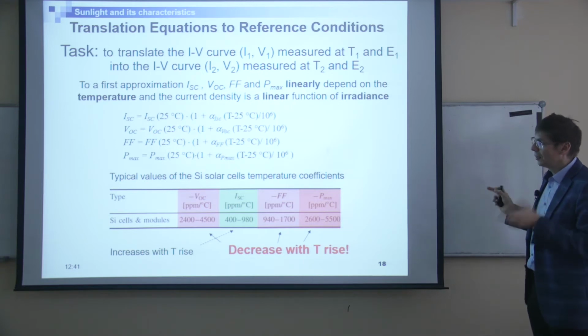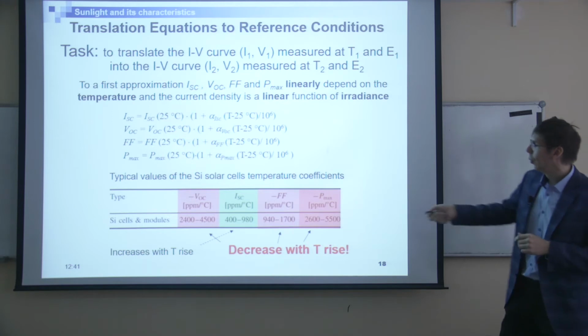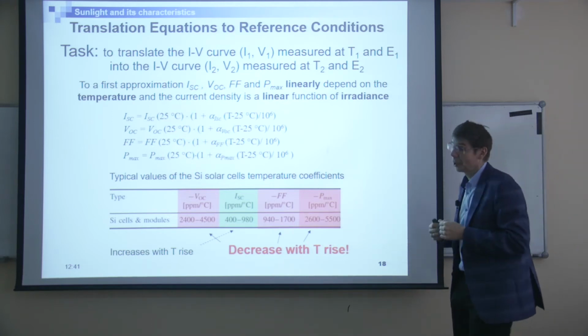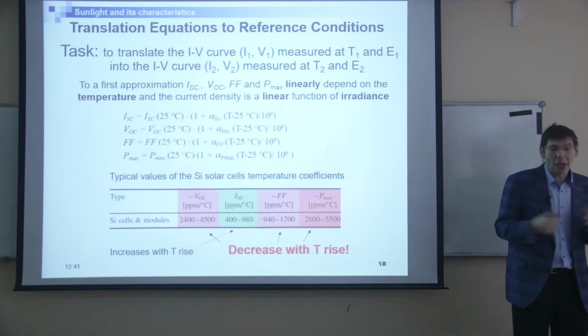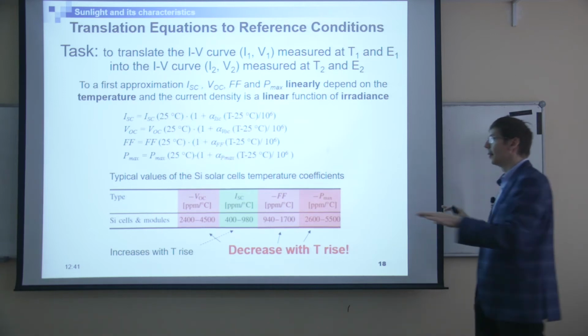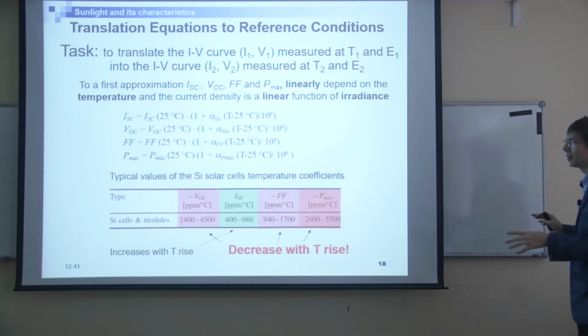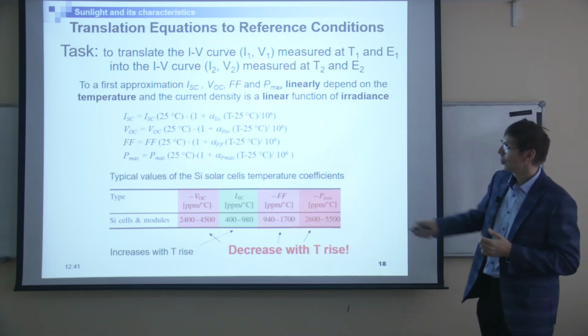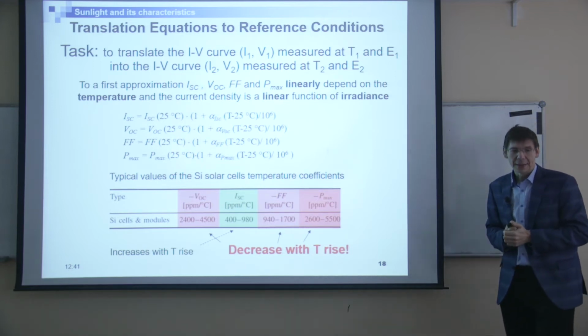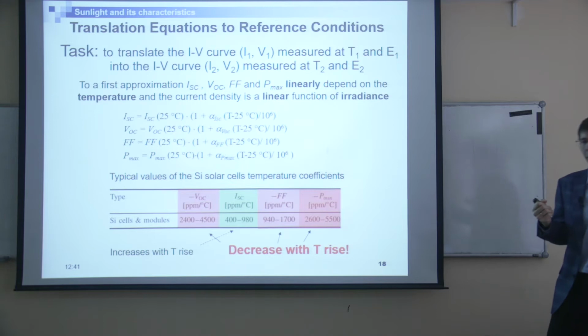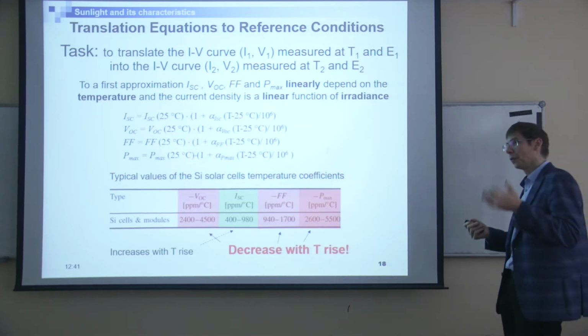So, just a few words on why it happens. For the increase of the short circuit current, there could be many factors, but the main factor is the well-known dependence of the gap on temperature.